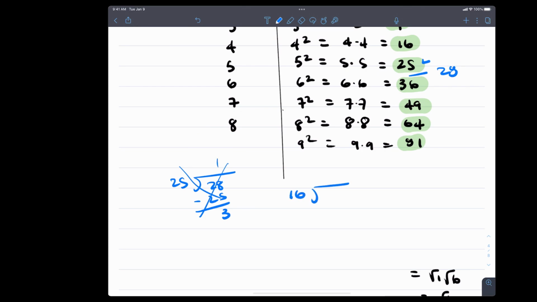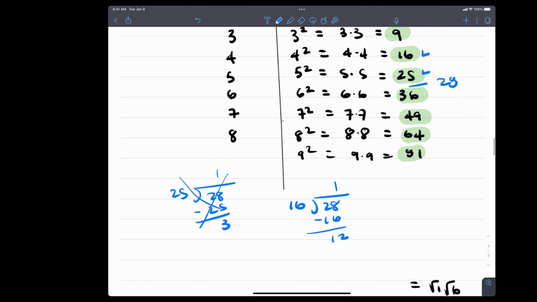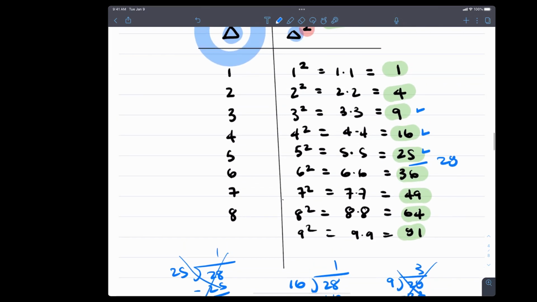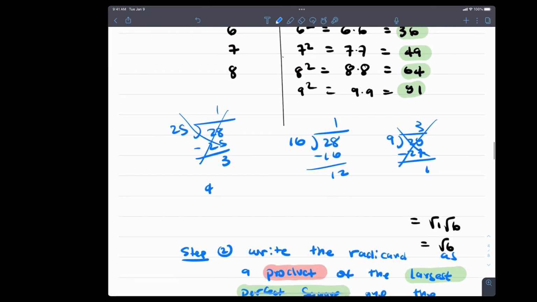Work backwards, ladies and gentlemen. Now check 9. It's not 9. You've got to check now what? Does 4 go into 28? 7 times 4 is 28. We got a 0 remainder.